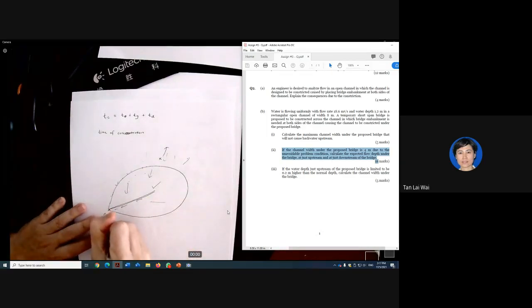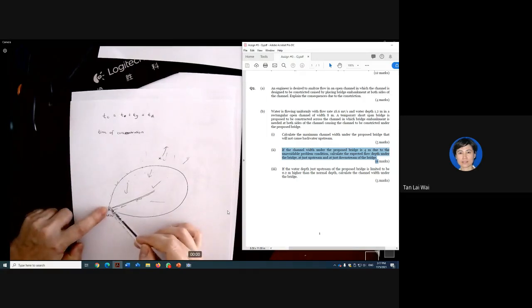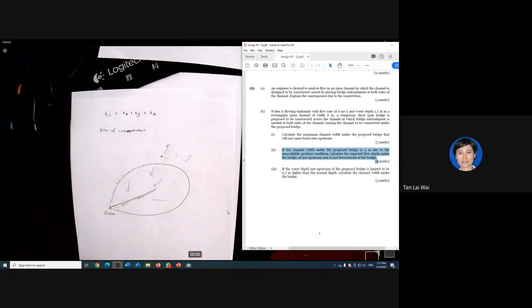This is the outlet. Actually, when you're the engineer, you need to delineate this catchment boundary. You need to determine this catchment boundary. I'm just drawing a typical catchment area.